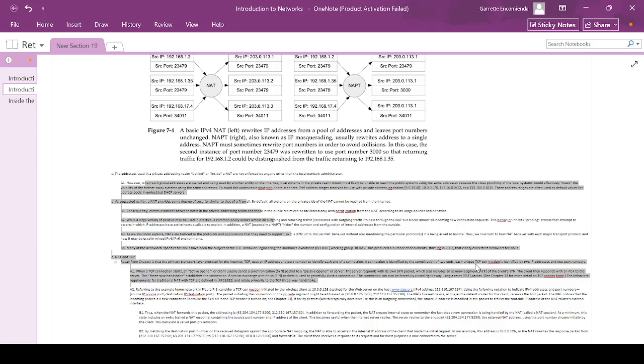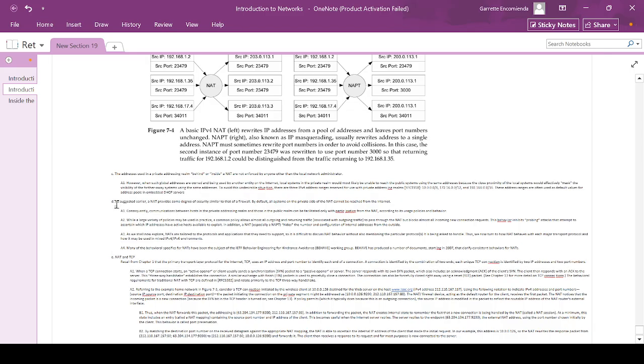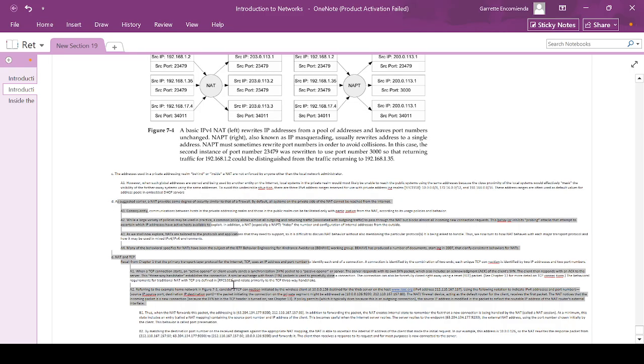These address ranges are often used as default values for address pools in embedded DHCP servers. As I suggested earlier, DHCP servers, we discussed that in the previous video, are the ones that provide the address range used in default values for such address pools, but that's the end of its relationship with NAT.